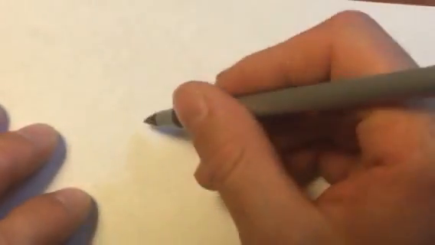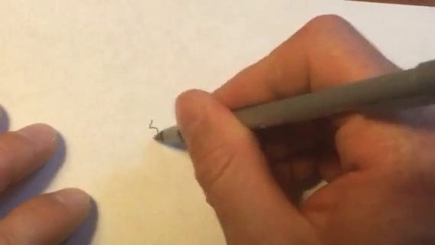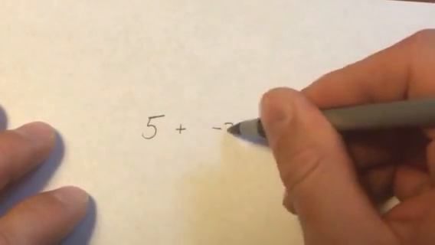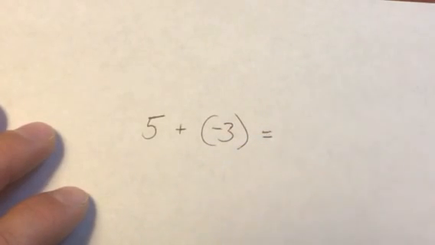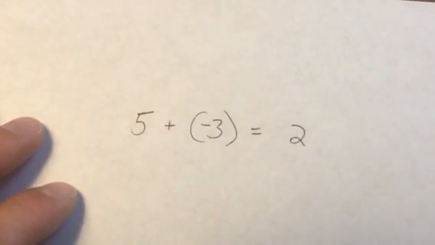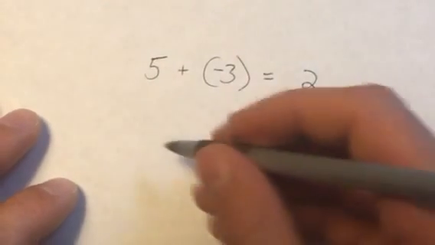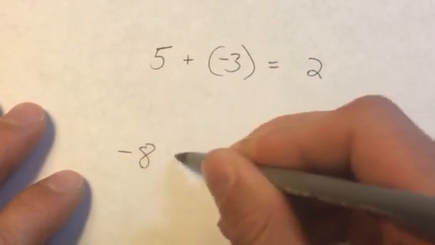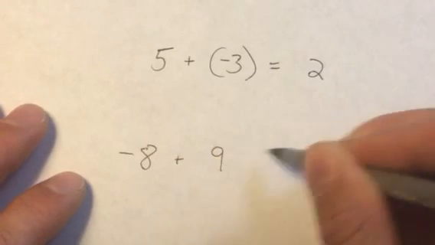So for example, you could have something like this, where let's say 5 positives do battle against 3 negatives. 5 plus negative 3. You're going to end up with 2 positives left over. You could also say 8 negatives plus 9 positives.